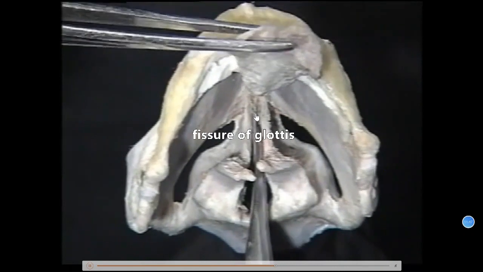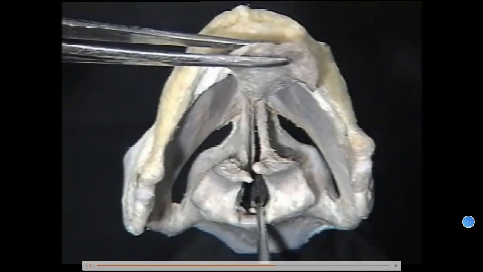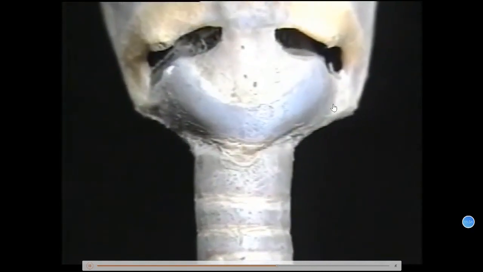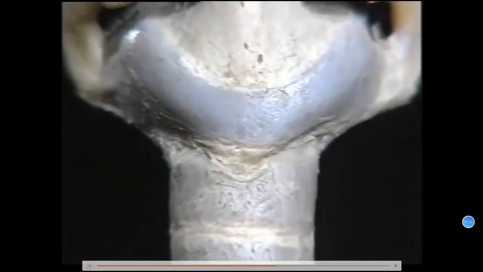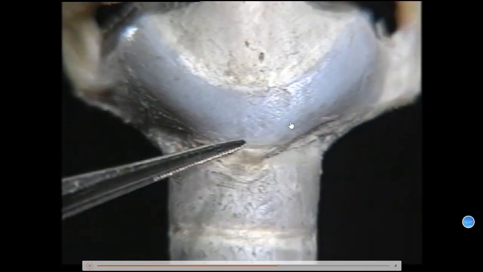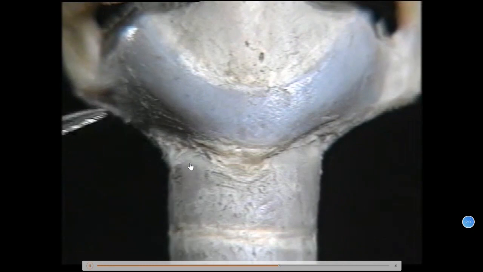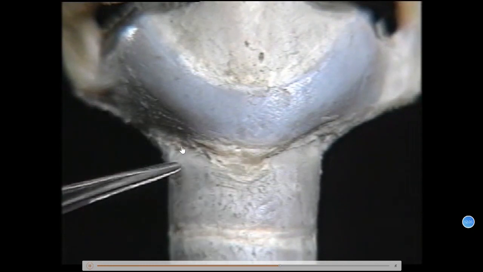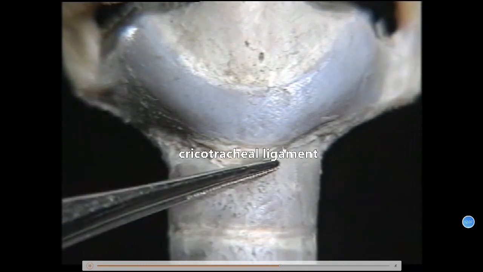Okay, here this fissure is very narrow. This one is the fissure of glottis. Between the cricoid cartilage and the first tracheal ring, here is a cricotracheal ligament.